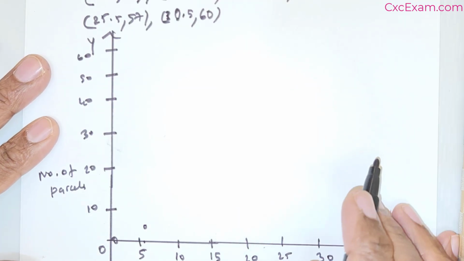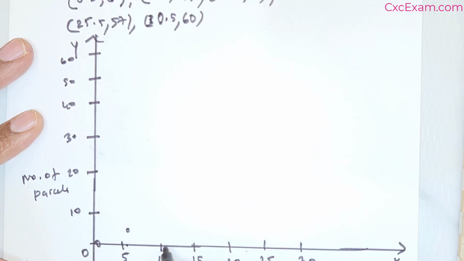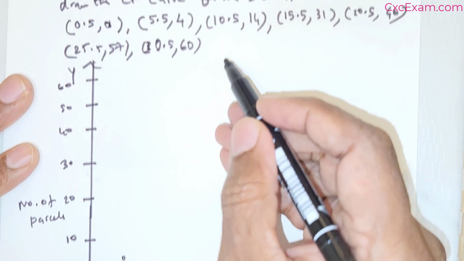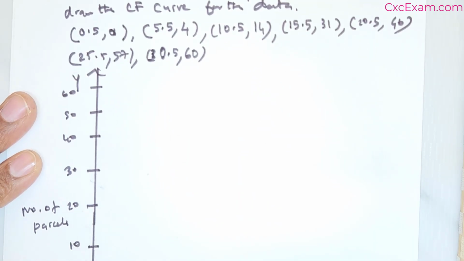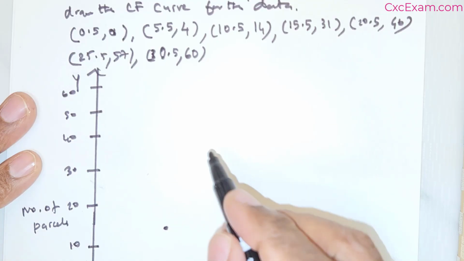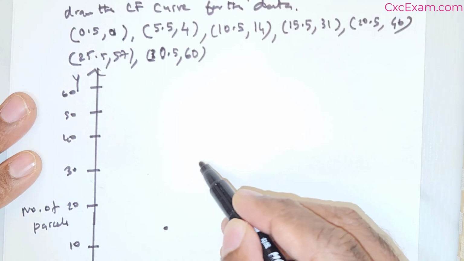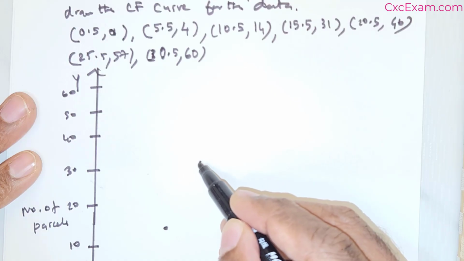Now the next is 10.5. 10.5 will also be over here. For 10.5, we got 14. So 14 will be over here. And 15.5 is 31. 31 is over here.